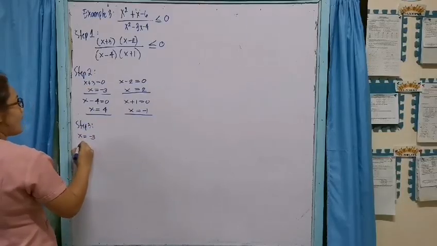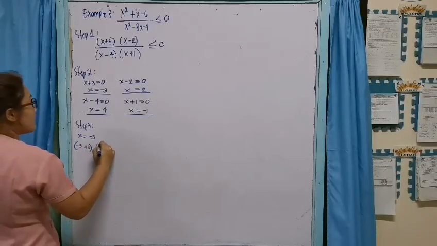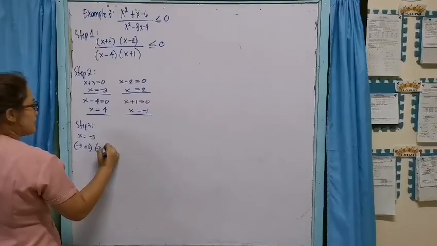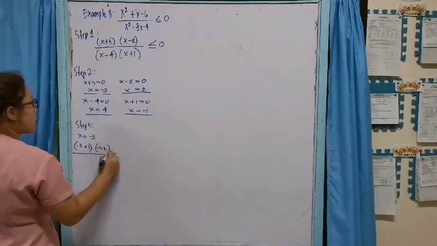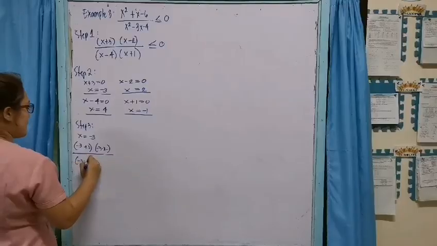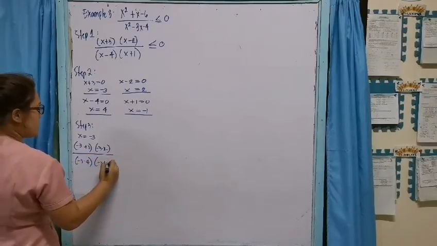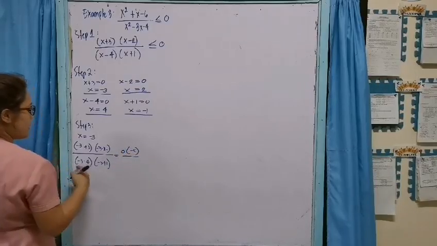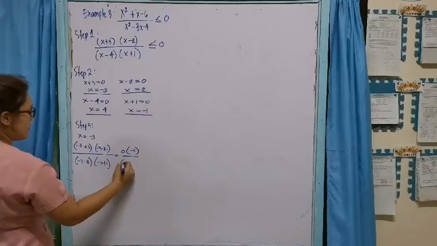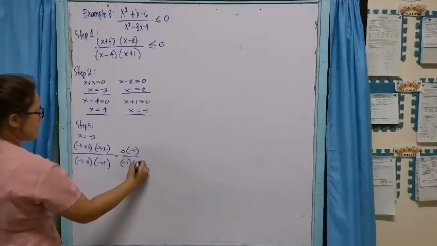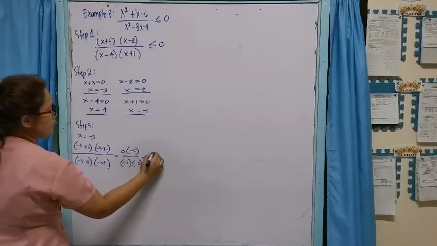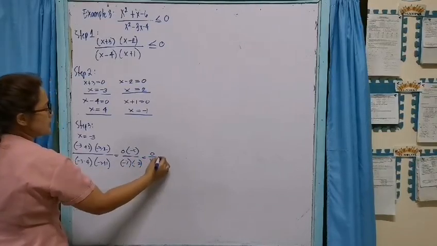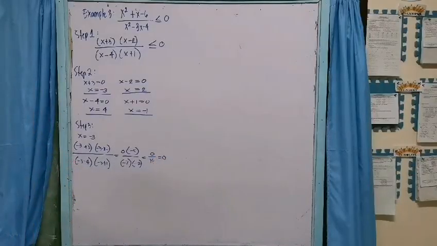We have negative 3 plus 3, then negative 3 minus 2, over negative 3 minus 4, negative 3 plus 1. That is negative 5 over negative 7 times negative 2, or 0 over 14, which is equal to 0.